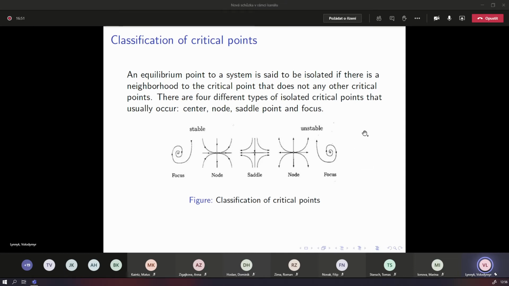A center is a type of equilibrium point when the two eigenvalues have only an imaginary part, yeah, the real part is equal to 0.